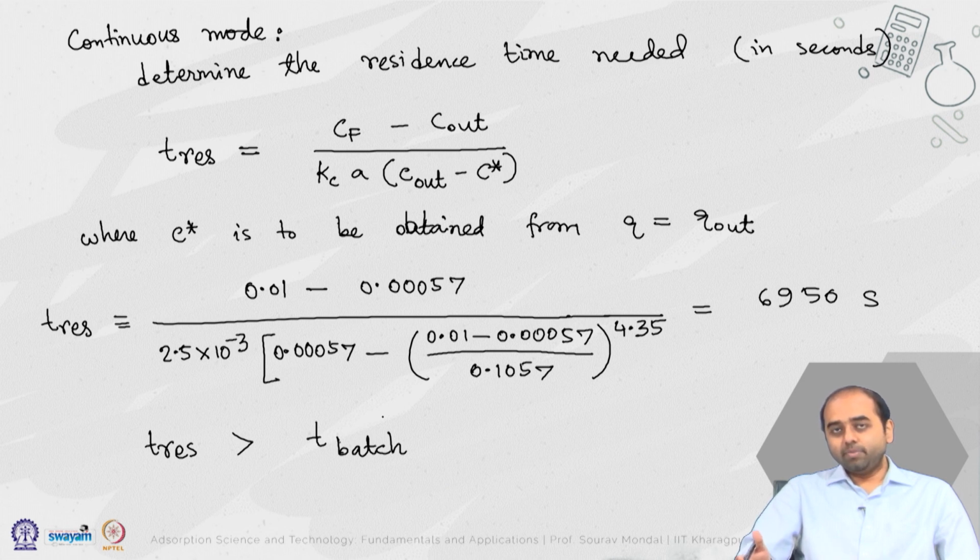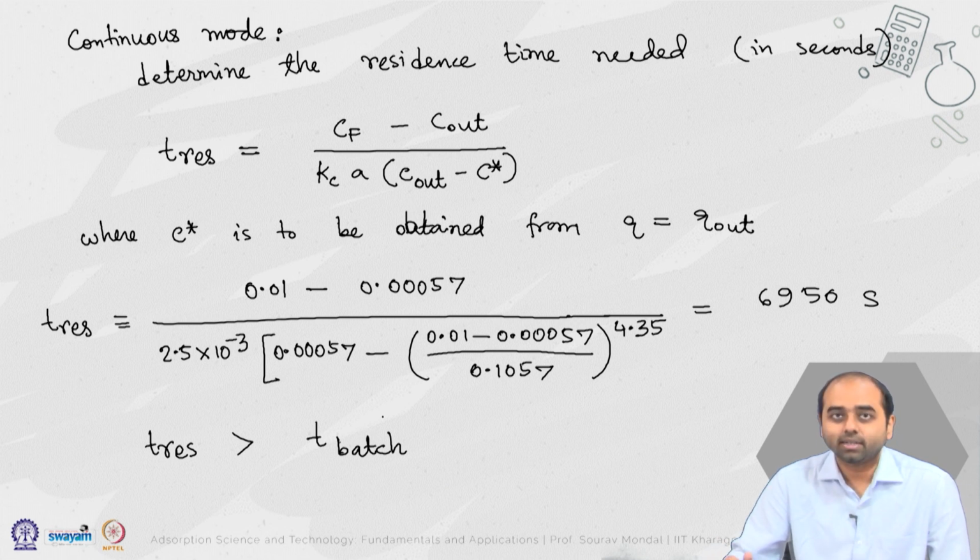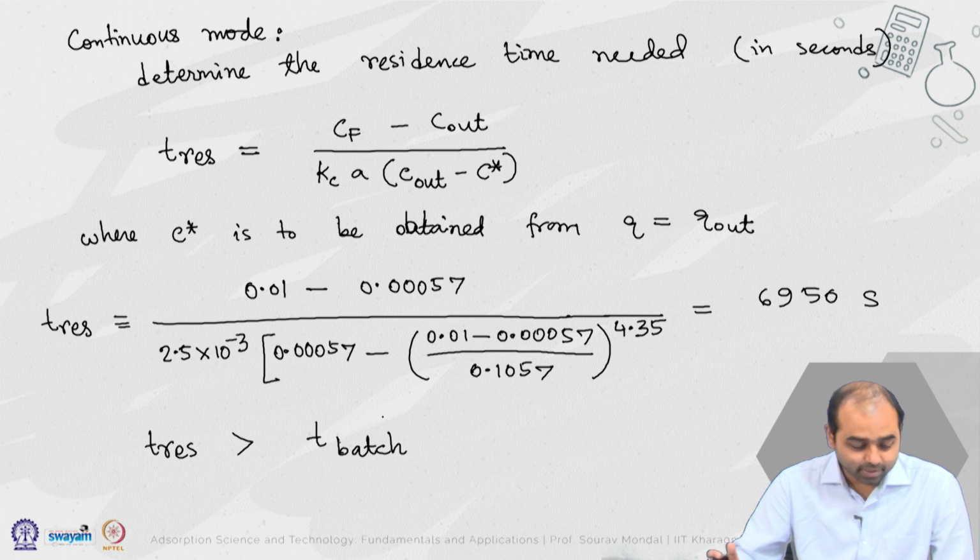In the case of continuous operation, to achieve equilibrium the residence time has to be more, and it is found that for this operation the residence time is almost 6 to 6.5 times larger than the operational time in the case of the batch. So it is very important to note that the residence time in continuous mode is generally larger than the batch mode.